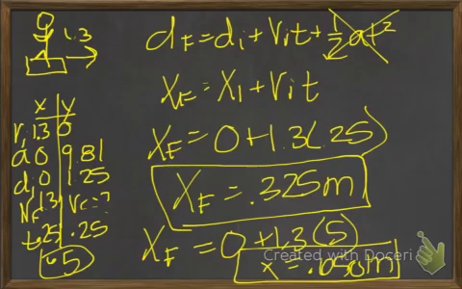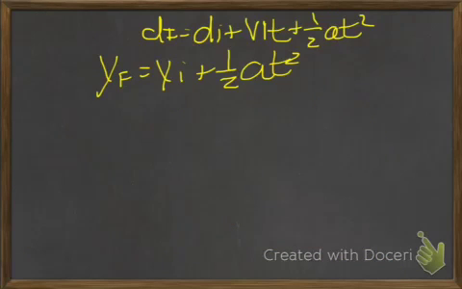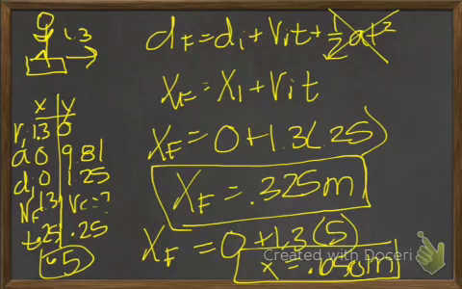Okay, so then let's look at the y direction. In the y direction, final position equals initial position plus 1/2 acceleration times time squared. This piece cancels out in the middle because initial velocity is 0.